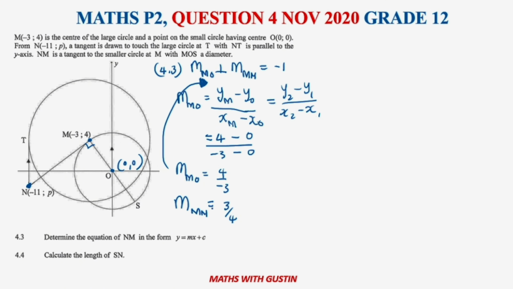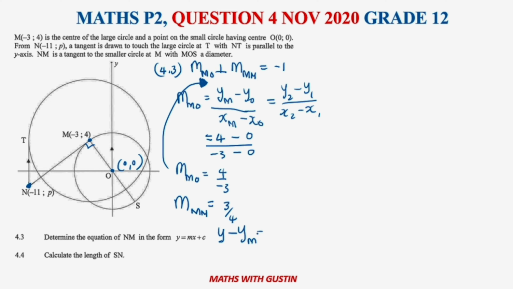All right, great stuff. With that in mind, we now have the gradient of this line, so we only need one point to substitute and get the equation. So we go to my favorite equation in analytical geometry.